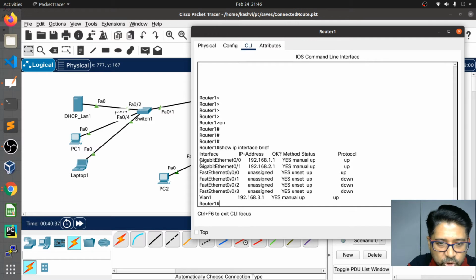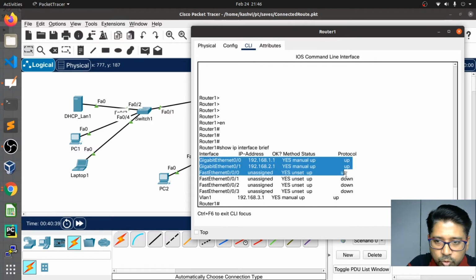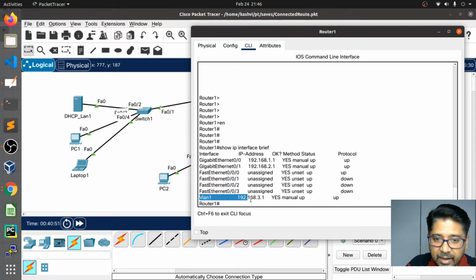You can see these three interfaces: two are L3 interfaces, whereas one I intentionally kept as L2. The virtual LAN has the IP assigned.